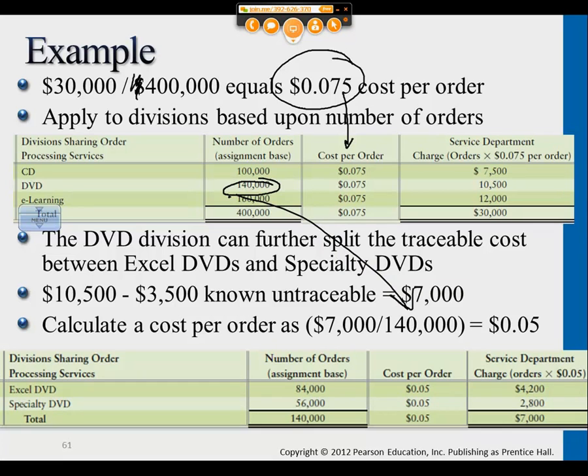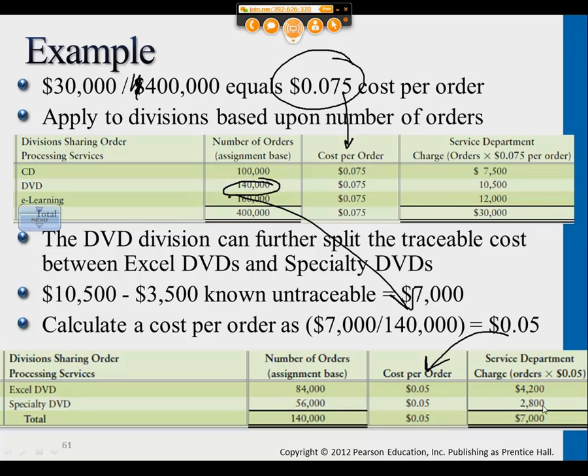So what am I going to do with this number again? I plug this 0.05 as a cost per order. I know that 84,000 is the number of orders for Excel and 56,000 is the number of orders for Specialty. So pay attention. If I sum these two up, I get that 140, right, that we had here. All right, so I take the number of orders for each of the services and multiply it by the cost of order.